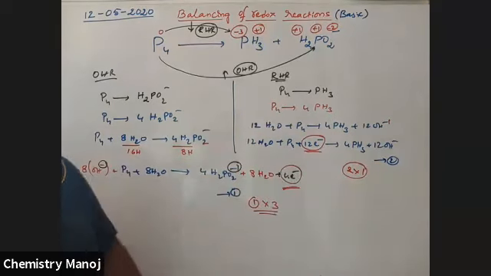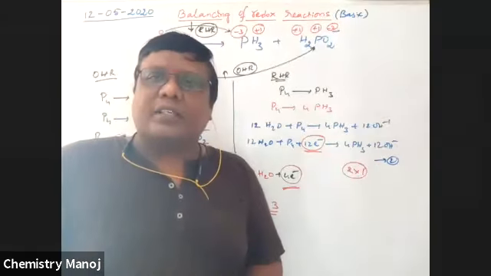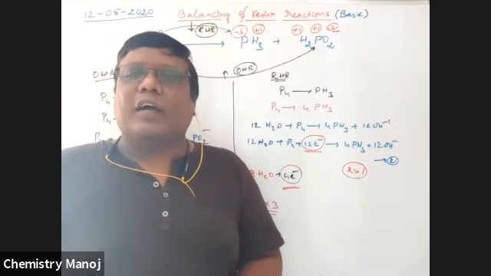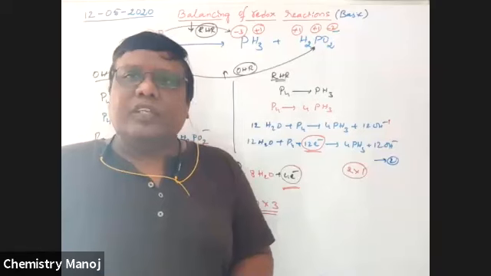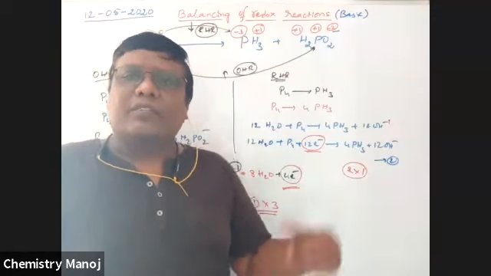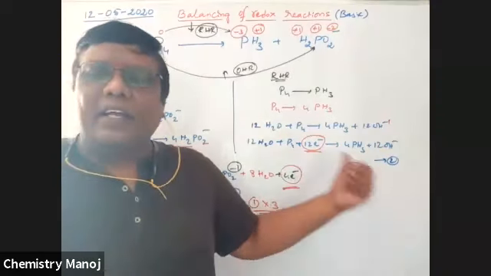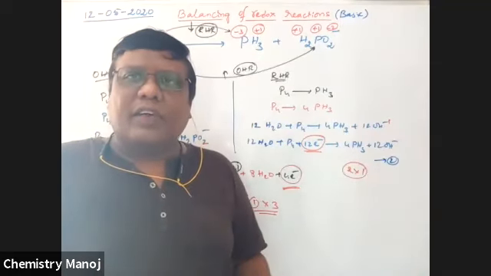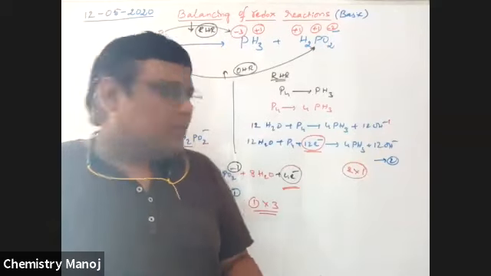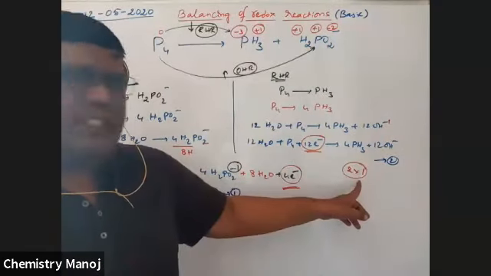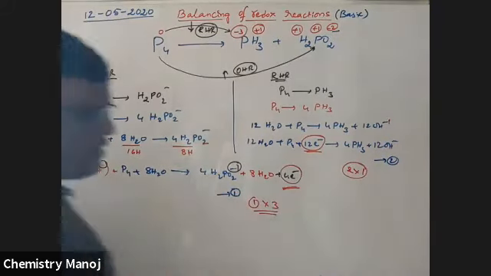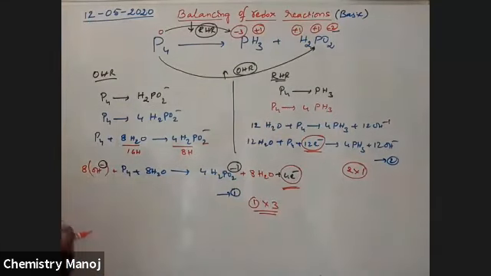Balanced. So now I am going to balance electrons to cancel those electrons, because electrons are not accepted in the balanced equation. One is on the left side, another on the right side, and they are going to cancel. So equation 2 as it is, equation 1 multiplied with 3.